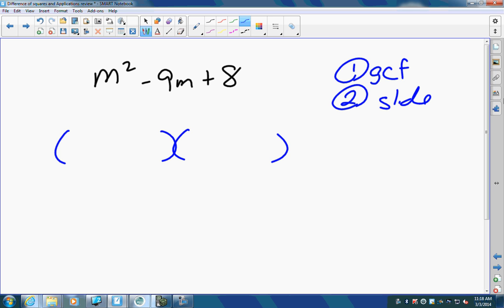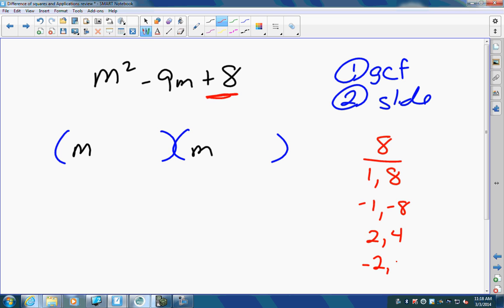So my m splits up as m and m. I need the factors of 8. When you put it in the calculator, you should have gotten 1 and 8, negative 1 and negative 8, 2 and 4, negative 2 and negative 4.